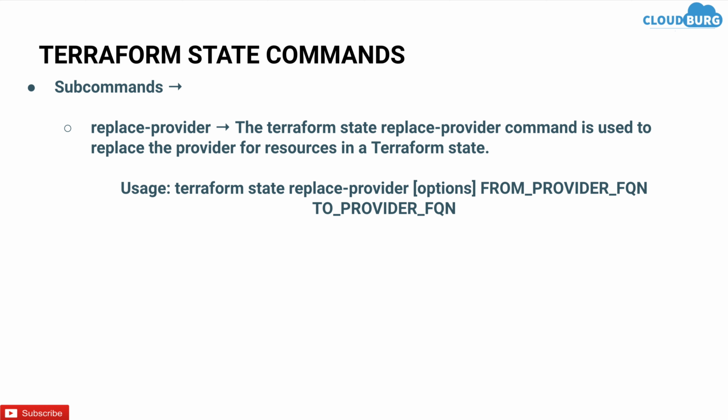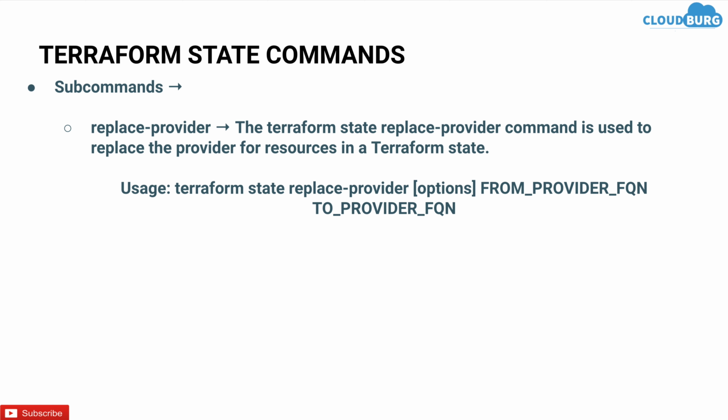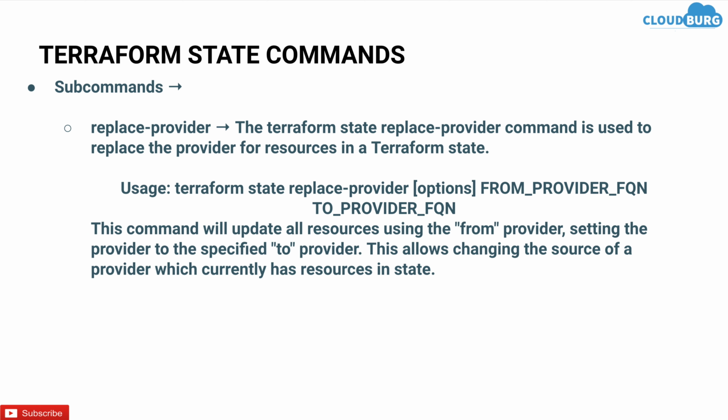And the syntax is terraform state replace-provider from-provider-FQN to-provider-FQN. So suppose I want to change from AWS to GCP, so it will be from AWS to GCP. This command will update all the resources using the from provider setting to the provider specified in to provider.